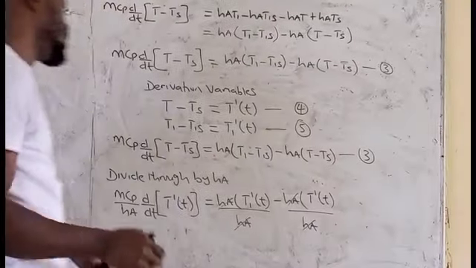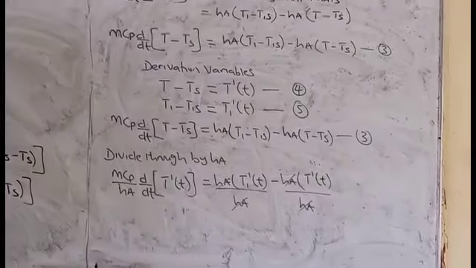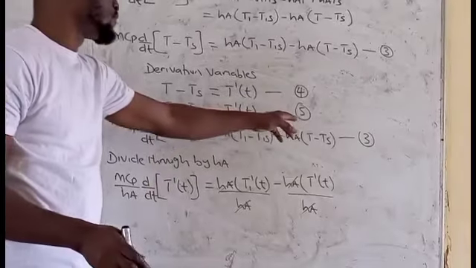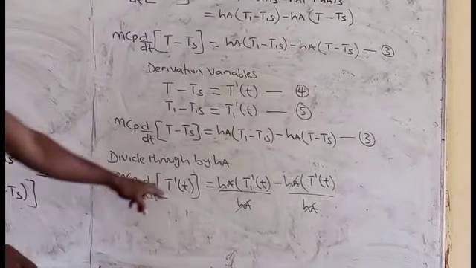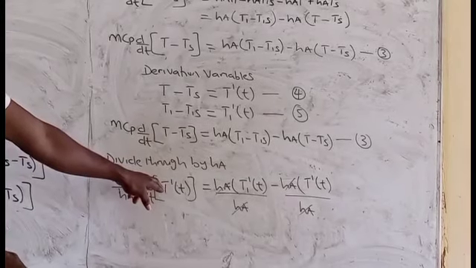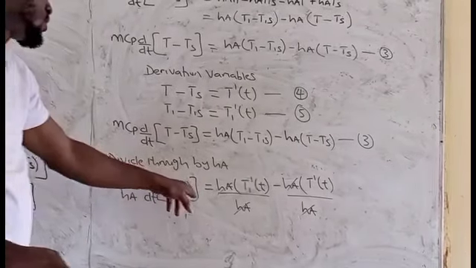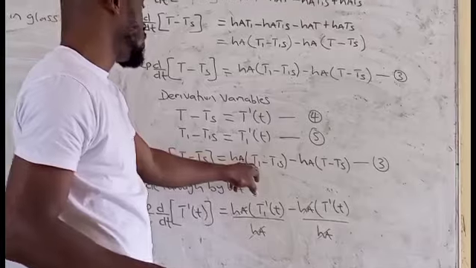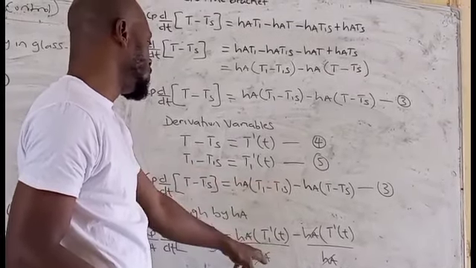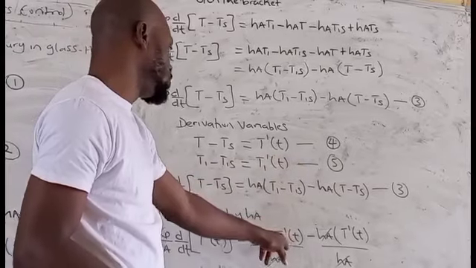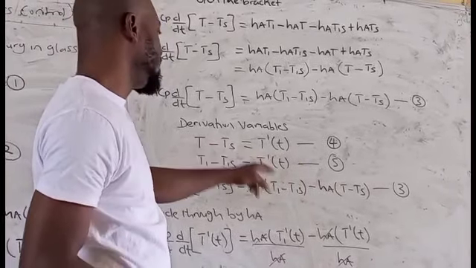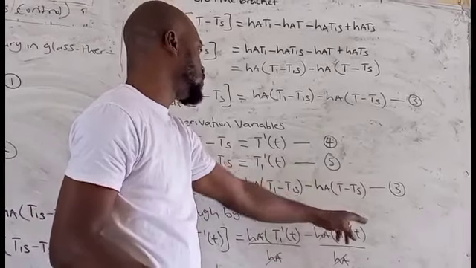So what I'm going to do is substitute equations 4 and 5 into equation 3. If you substitute, you are going to have T1 minus T1s, which will give you T1 prime of t. You put it here. Then T minus Ts, you have T prime of t from deviation variables.